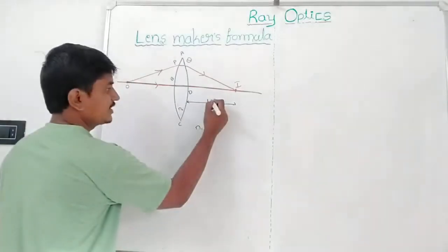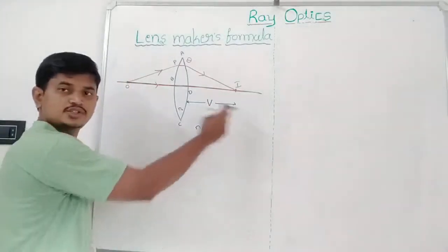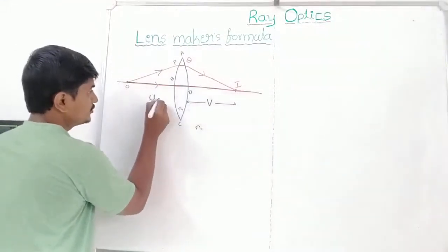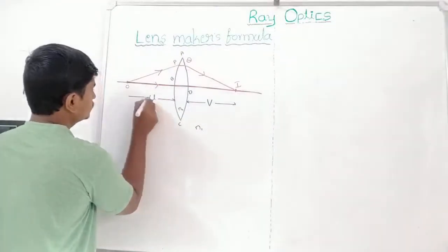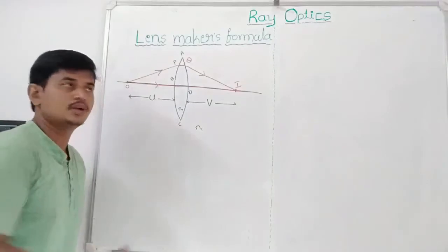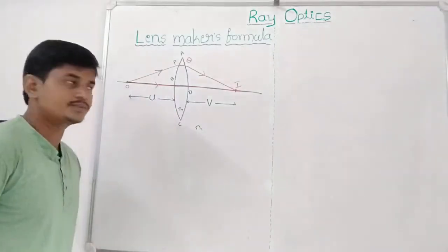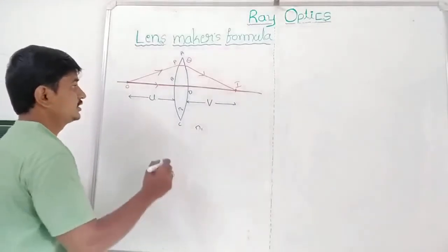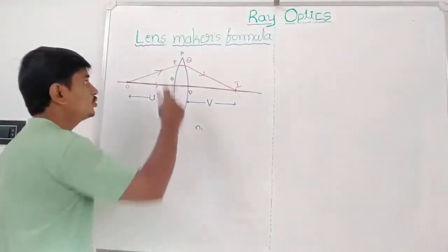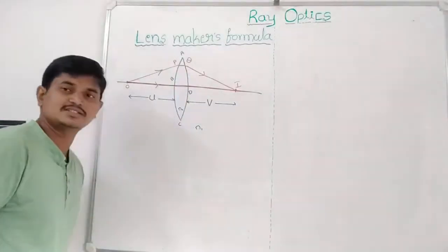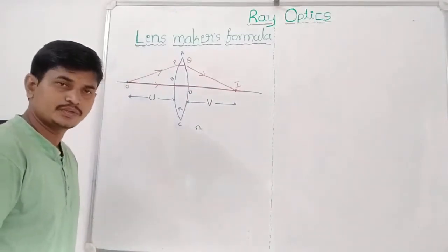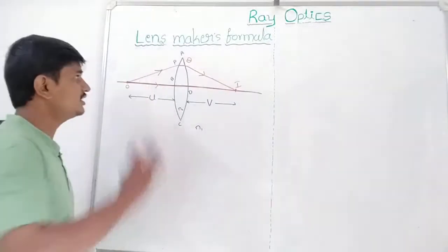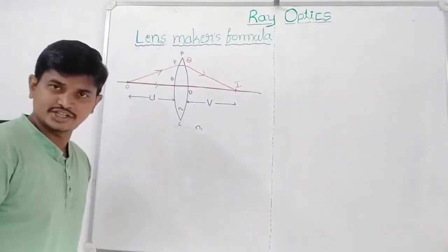This is the image distance. The distance from image to optical center is called the image distance, and U is the object distance, the distance from the object to the optical center. The radii of curvature of the two surfaces of the lens are R1 and R2, and this is the basic diagram of the lens maker formula derivation.